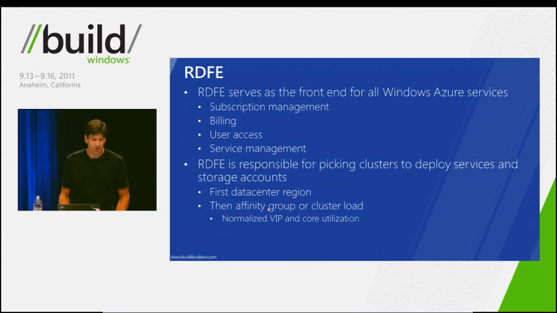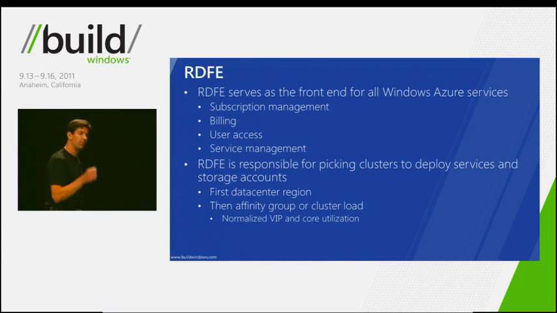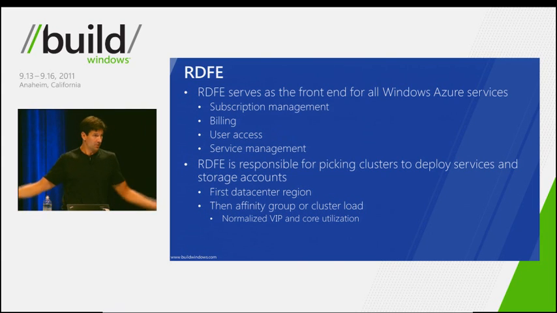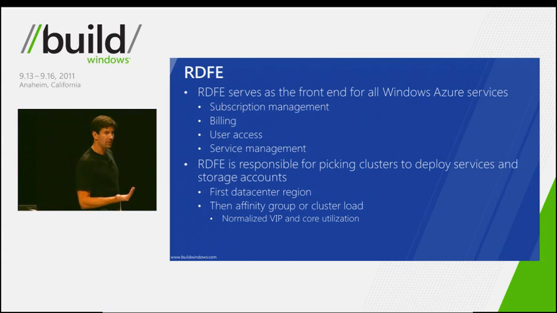RDFE, besides being the place where you deploy your services to, also serves as the central point for subscription management in Windows Azure, for billing in Windows Azure, for user access. So this is the place where you configure live IDs and also multiple co-admins. All those concepts are provided to you by RDFE. Well, as we saw in the previous slide, it's also responsible for picking the cluster that a service goes to.